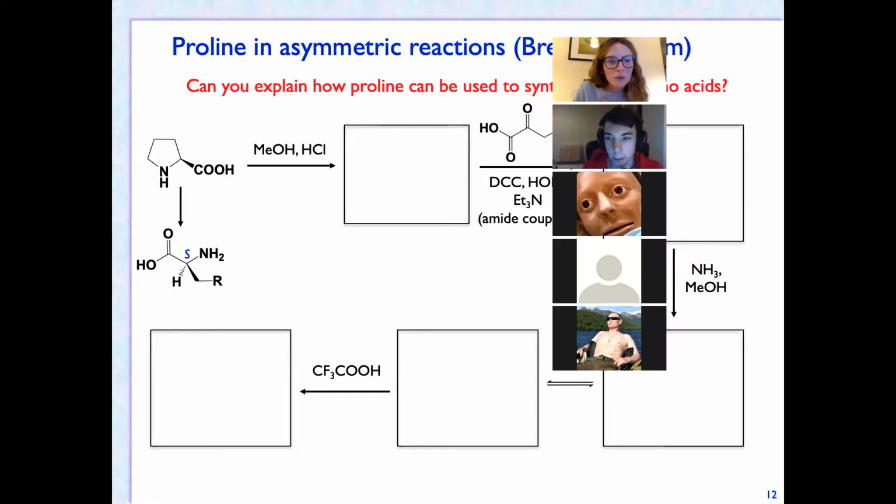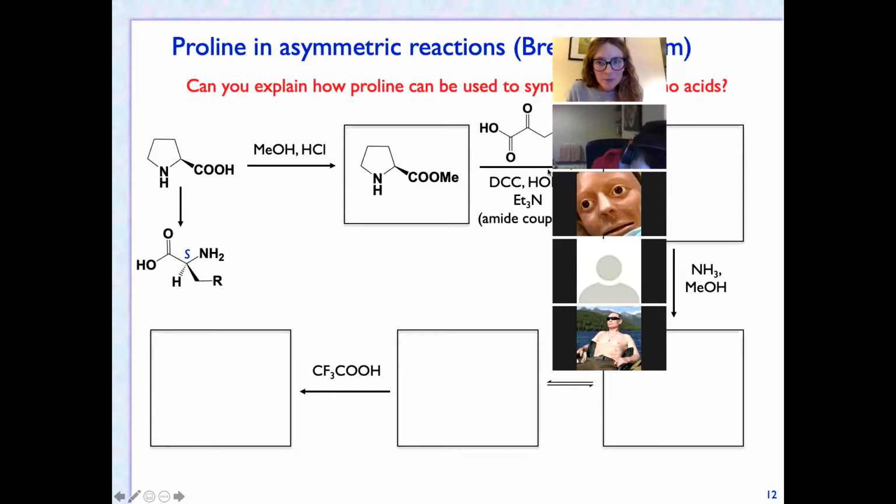Deprotonate the proline. Okay, so what happens here? We are treating in acidic conditions using an alcohol. So what do you think happens? Make an ester. Yes, Sophie, that's excellent. We make the methyl ester on the carboxylic acid, okay?